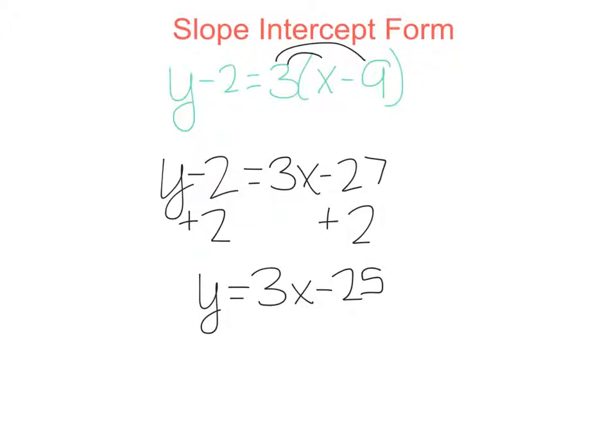You can see this fits the equation y is equal to mx plus b, and these are the y's. 3 is m, we have the x's, and then negative 25 is the b.